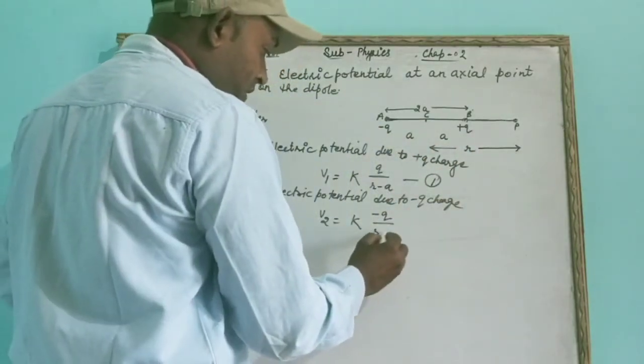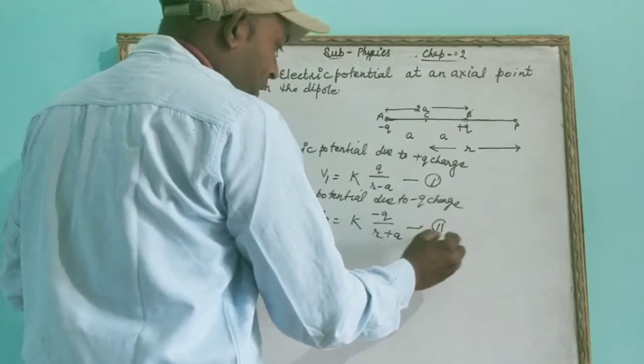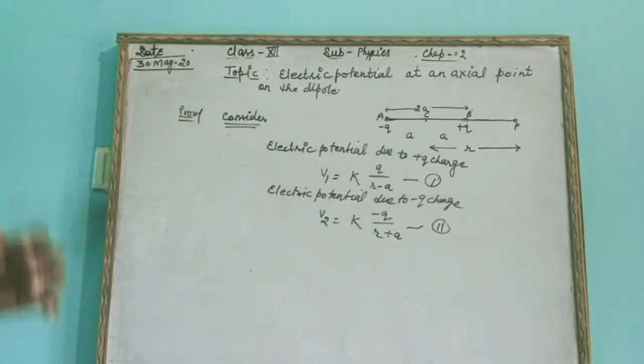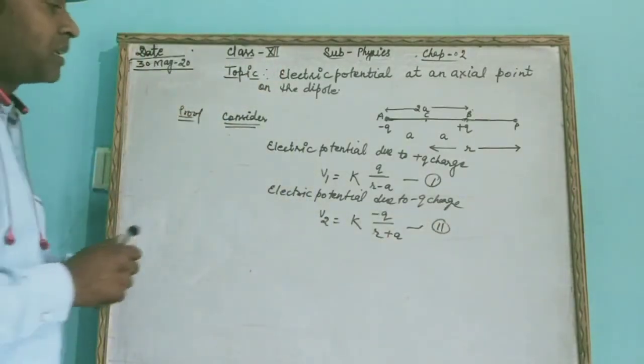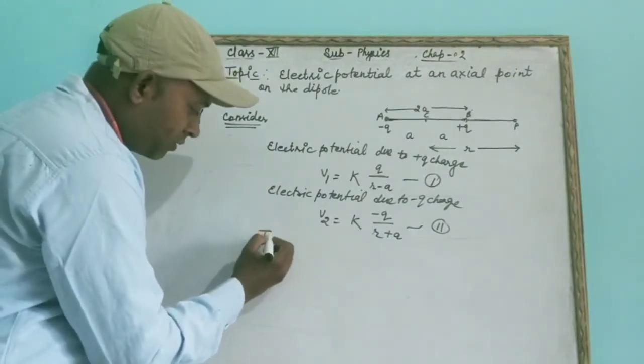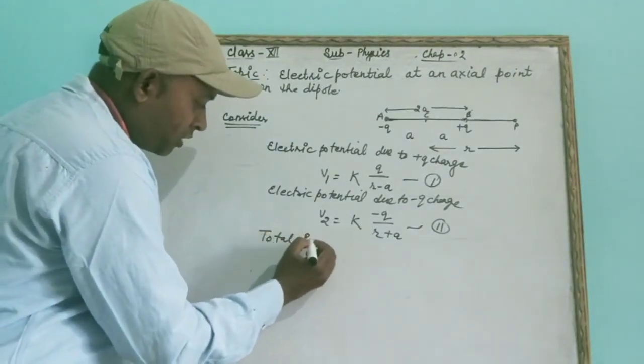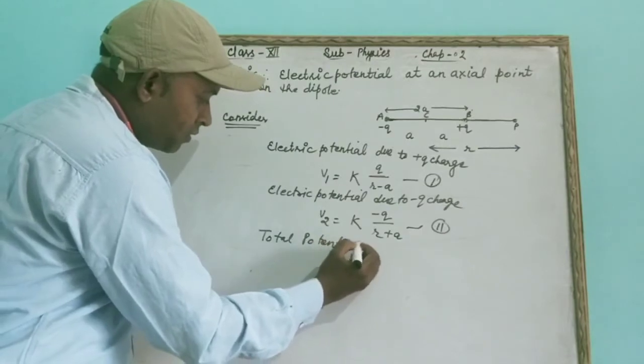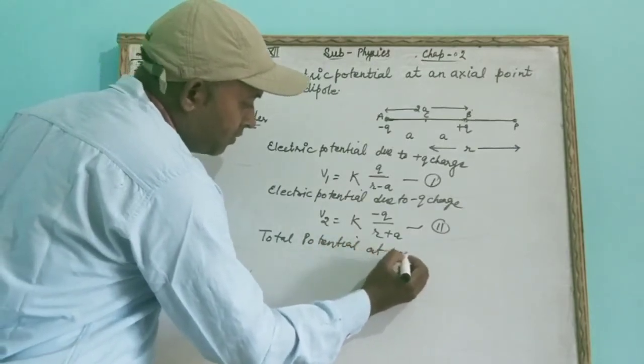V2 is equal to minus kQ upon r plus a. Second equation. Now we have to calculate the total electric potential at point P.